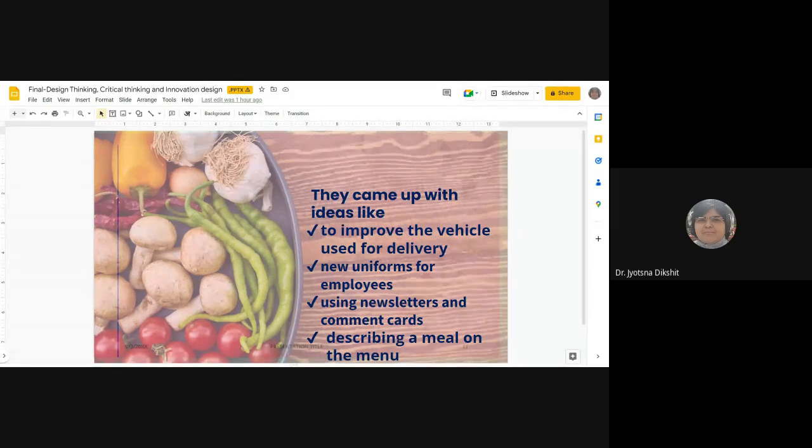So they wanted to change the way the description of the meal is given. And through this workshop, the participants also started wondering. So they came up with ideas: why can't we look for an actual restaurant menu, and why can't we describe the menu in very new ways, which makes them tempted to eat the food.